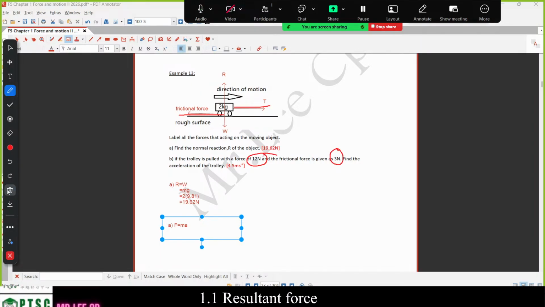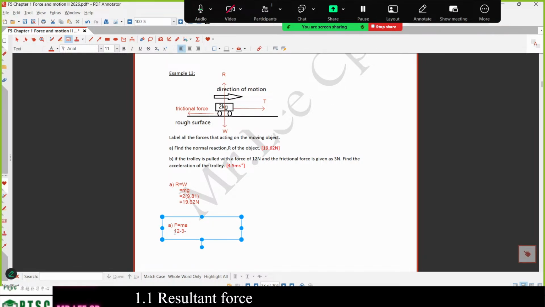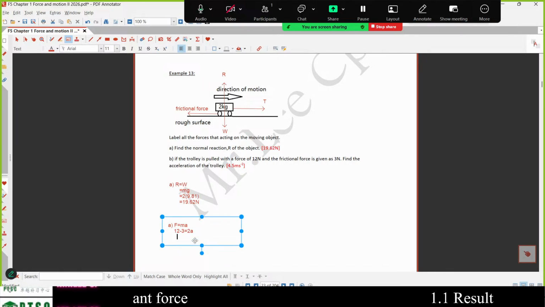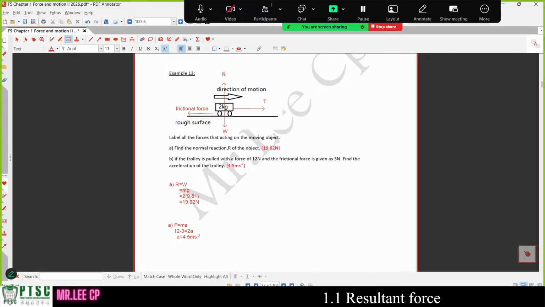Right? 12 minus 3 is equal to MA. MA is 2A, right? So I want to calculate the A. 12 minus 3, 9. 9 divided by 2, 4.5. Unit is m s negative 2. Right? This is how you get it.